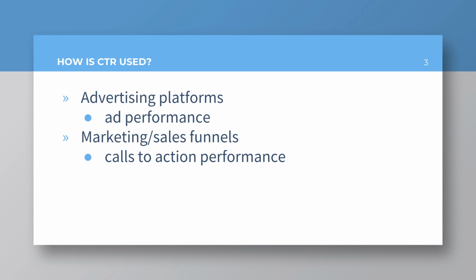Each of those click-through rates will help you determine where people might be falling off in your sales funnel, and then you can target that and improve that number to bring it up.